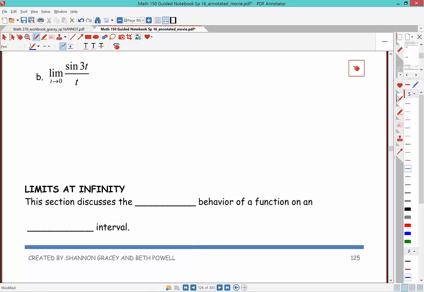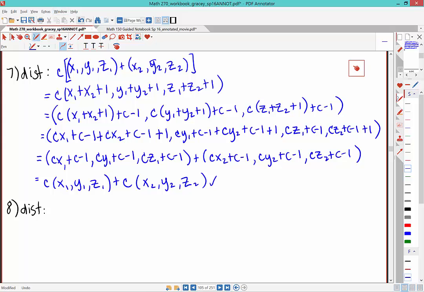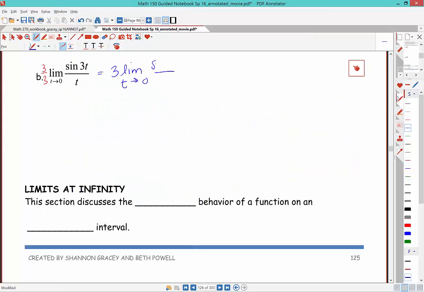So basically, if you were to multiply this by 3 over 3 so that we can match the inside of the trig function, the angle, with the denominator, we would end up with 3 times the limit as t approaches 0 of sine of 3t over 3t.